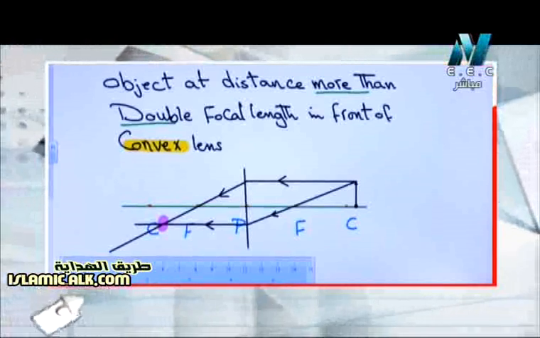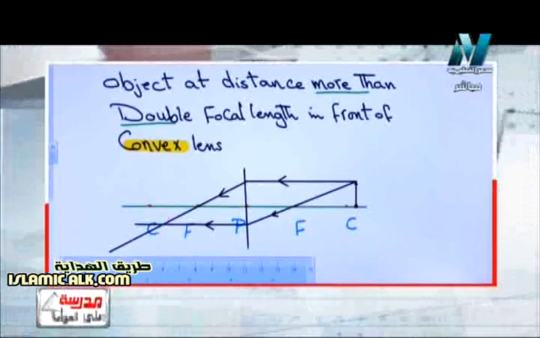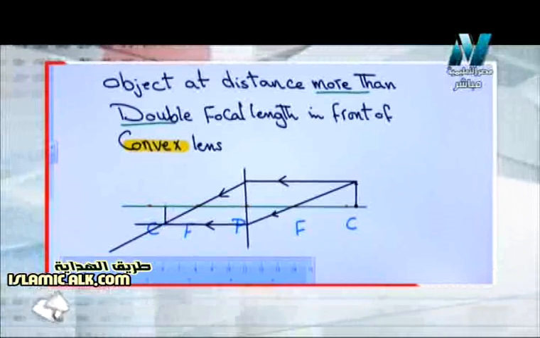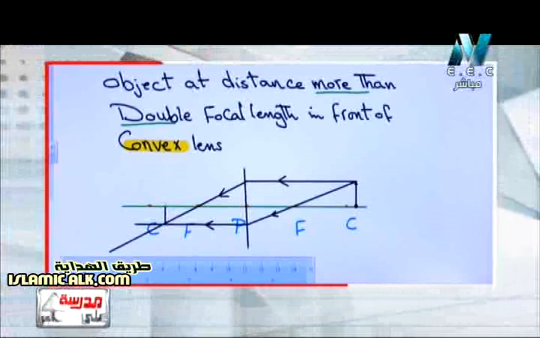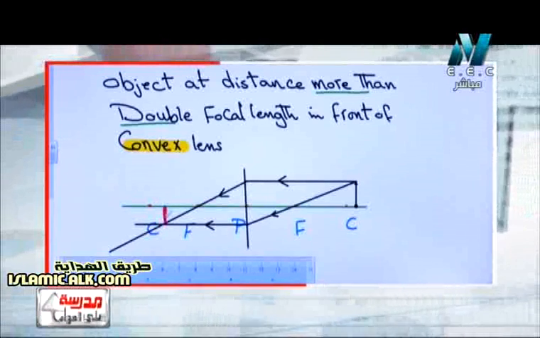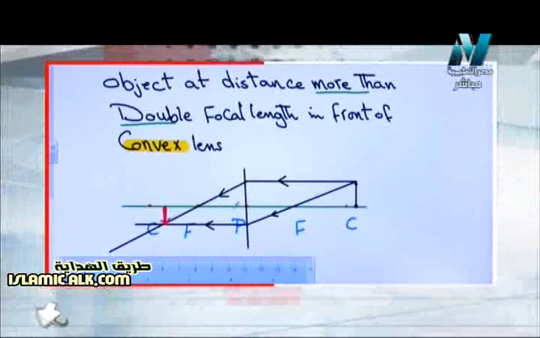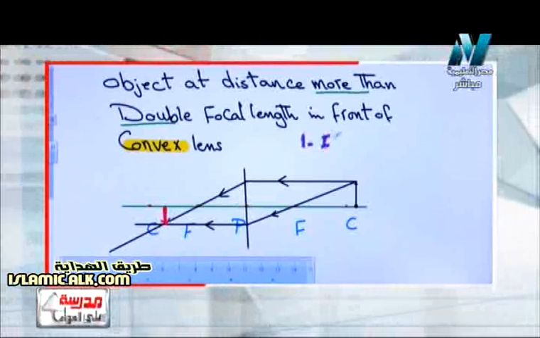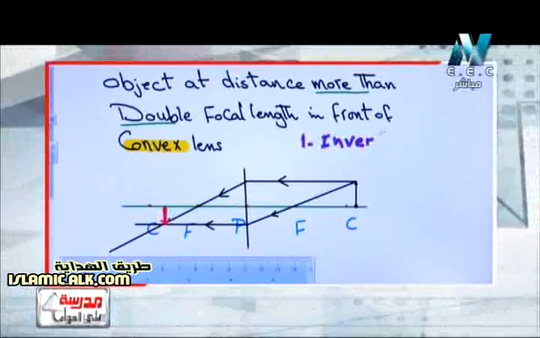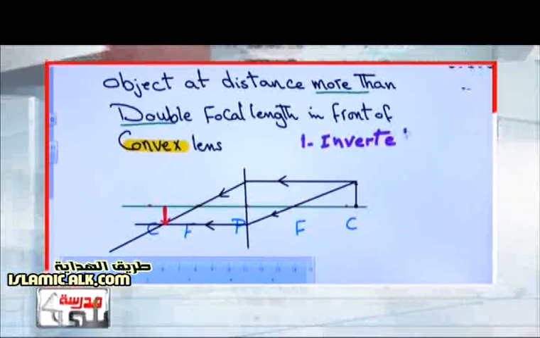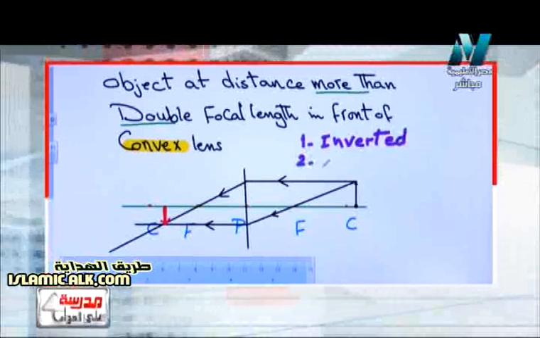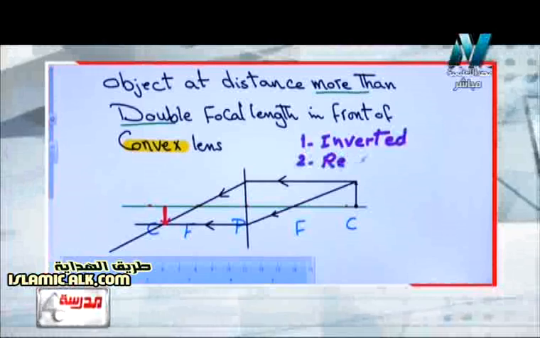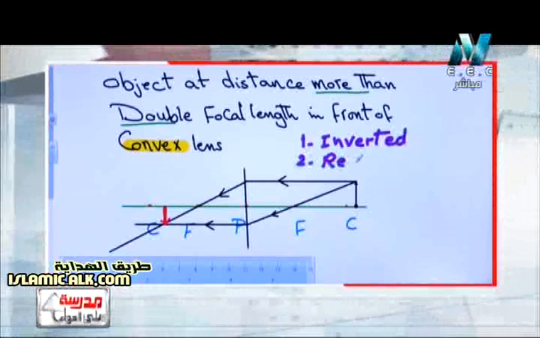Okay, so here dear students we will draw the image as you see here. We can draw the image with another color, red. The image in this case is number 1 inverted, meaning upside down. Number 2, since it is inverted, it is real because it is formed due to intersection of refracted rays.